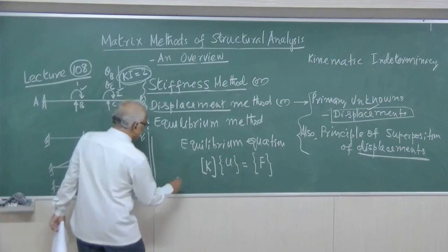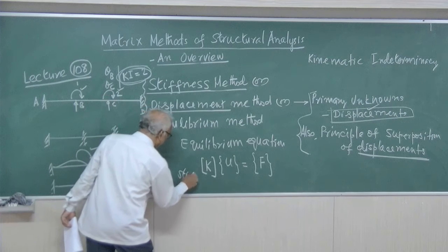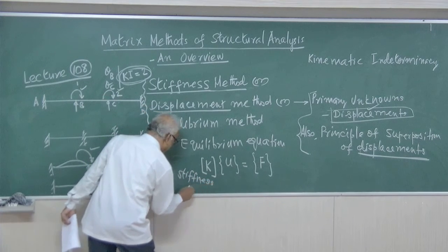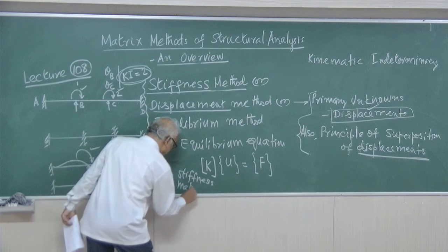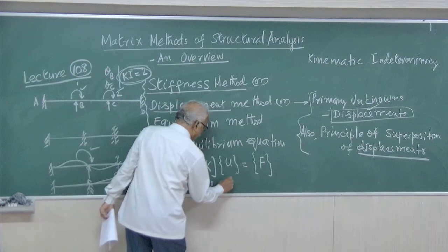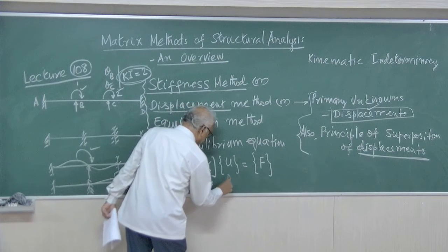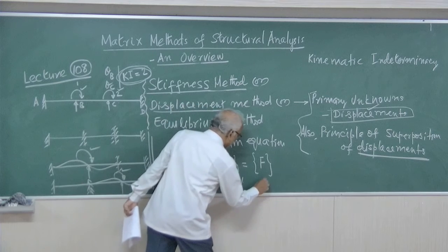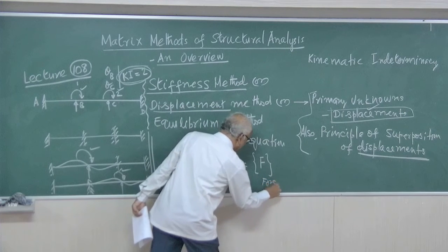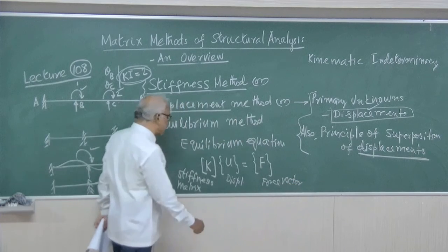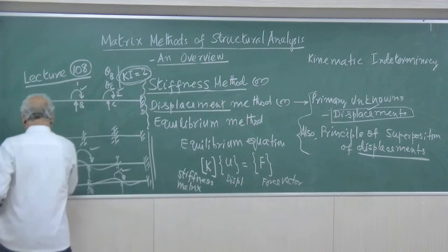This is the stiffness matrix, this is the unknown displacements, and this is the force vector. Left hand side displacement vector, right hand side force vector.